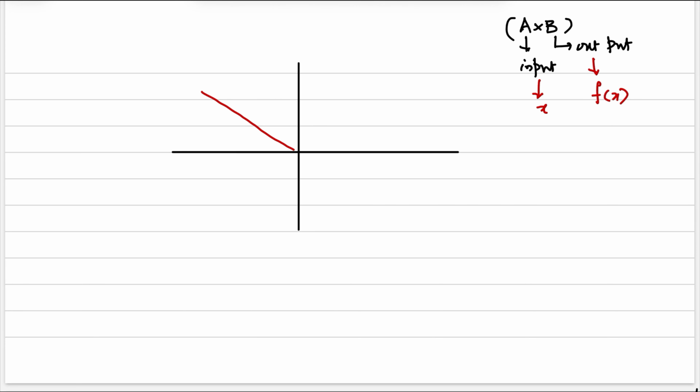Now, what can be the inputs? The x value. The inputs can be minus or plus. And what will be the output? This is f(x), this is x. The values on the x-axis are elements of A. The values on the y-axis, f(x), are elements of B. Now, if x is minus 1, f(x) is plus 1.